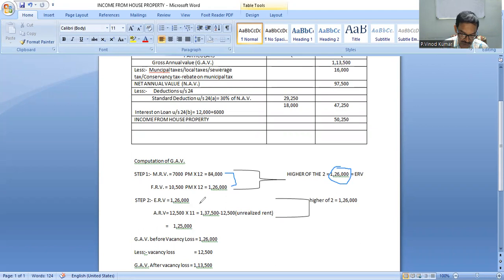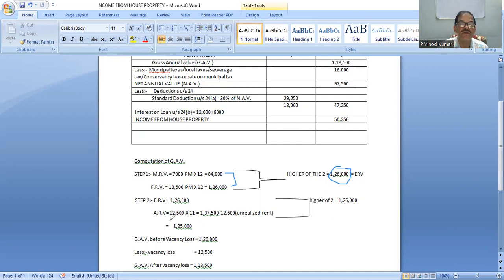Now, he has let out his house on monthly rent of rupees 12,500, but in the month of Feb, the tenant has not paid the rent, and he was asked to vacate the house. In the month of March, the house was vacant. That means you have to calculate the rental value for 11 months because 1 month the house was vacant.